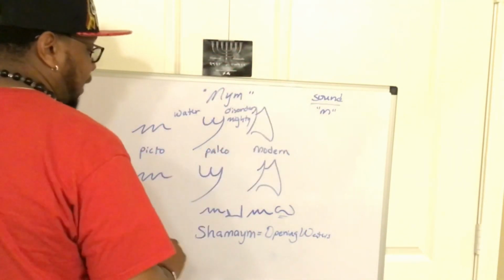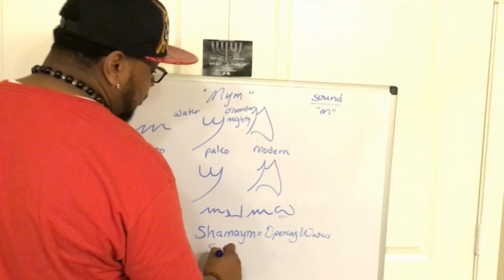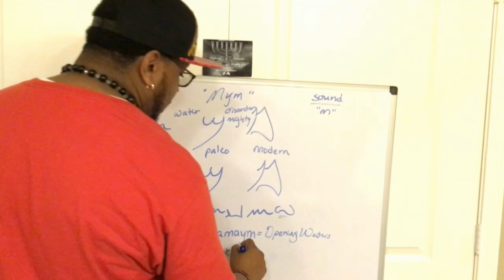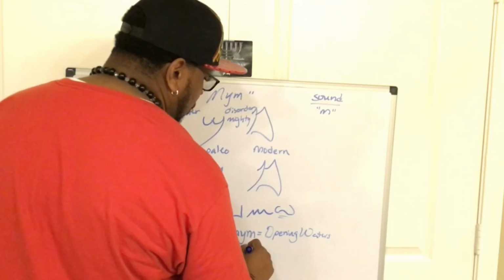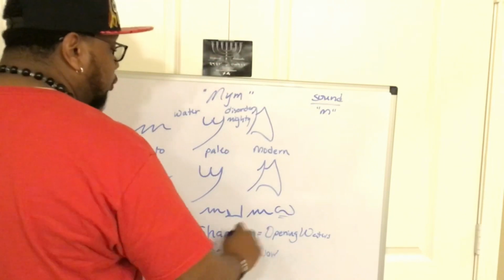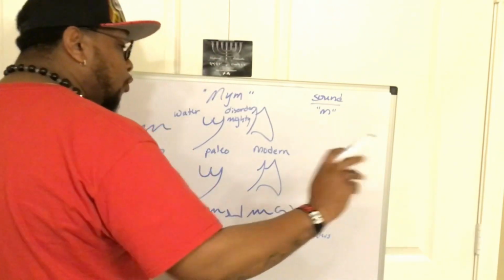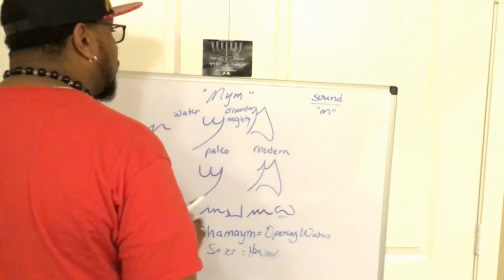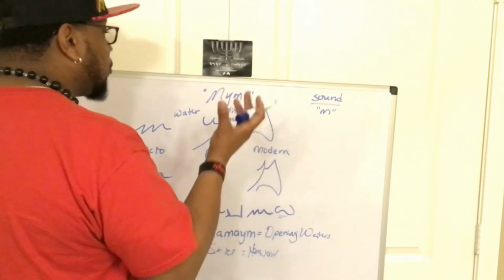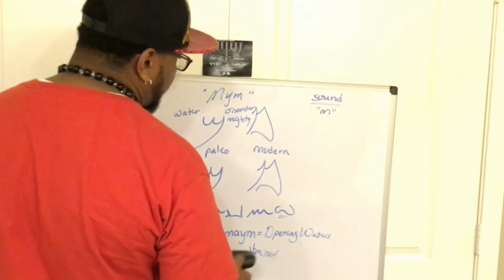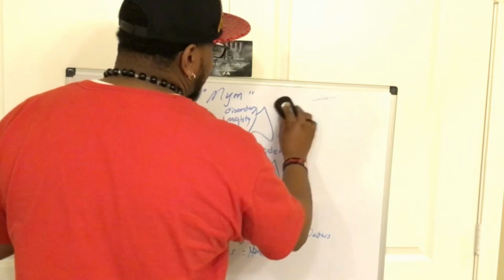So when you look at the skies, you have Shamayim. They translate it to heaven or the heavens, but it's closely the opening above the waters. That's why when the flood waters came, they came below and above. The windows of the Shamayim were open to release water.